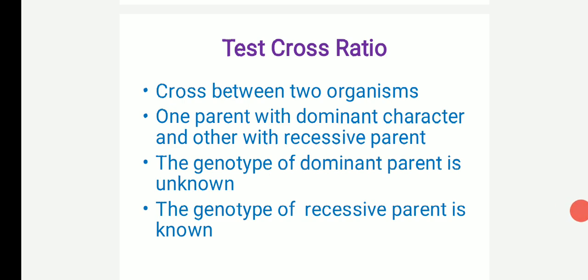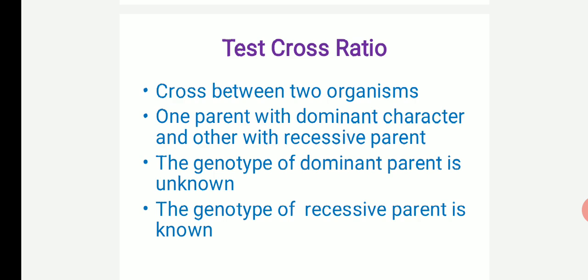We have to identify the genotype of that dominant character. So the genotype of the dominant parent, here we selected the F1 hybrid as the dominant parent, and we have to identify what is the genotype of that dominant parent.